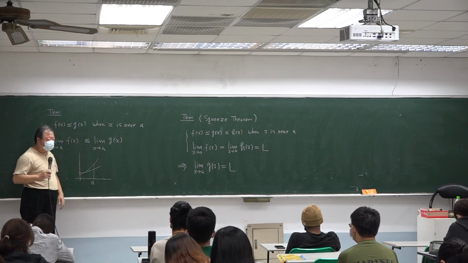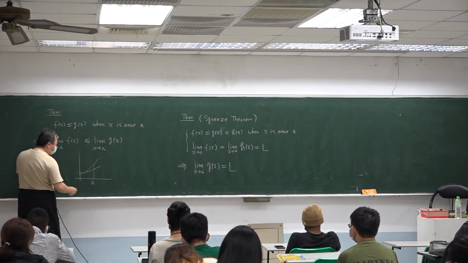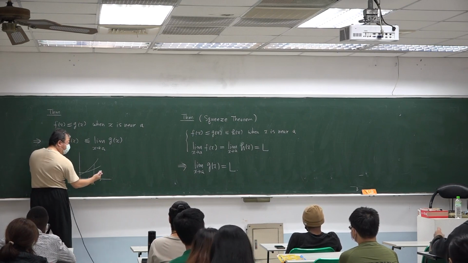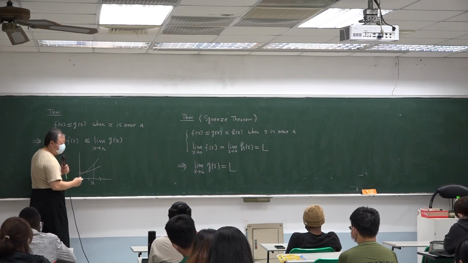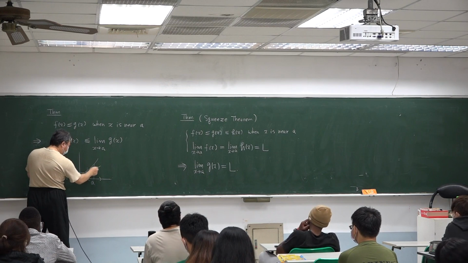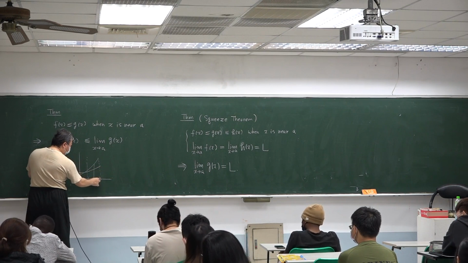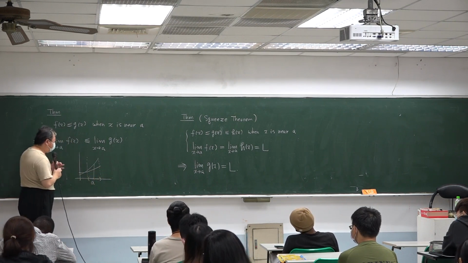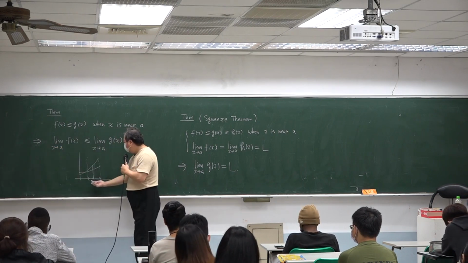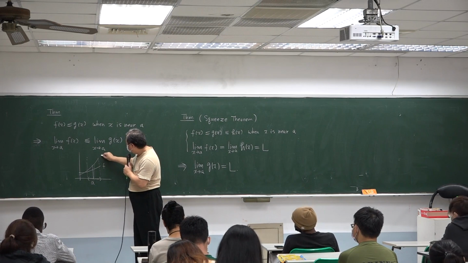When x is near a, the meaning of this statement is that we can find some neighborhood about a, maybe the radius is small, and on this neighborhood, f and g are here.